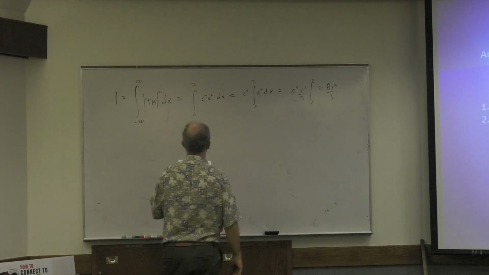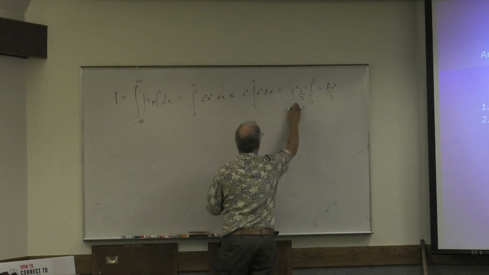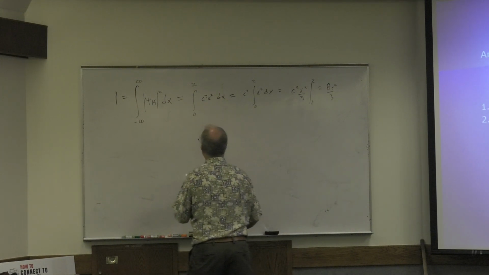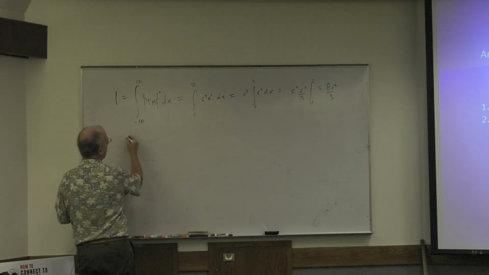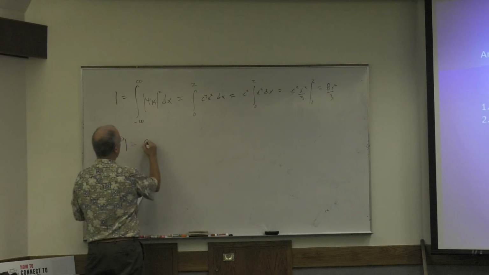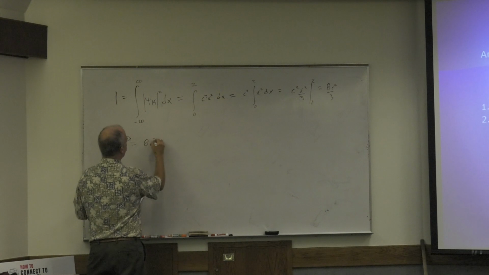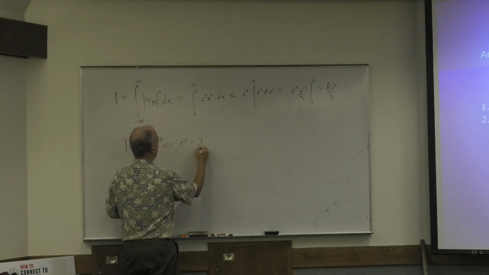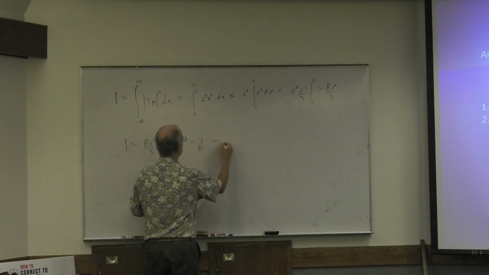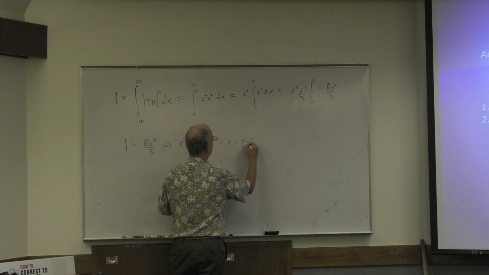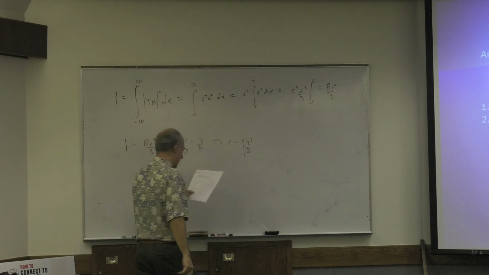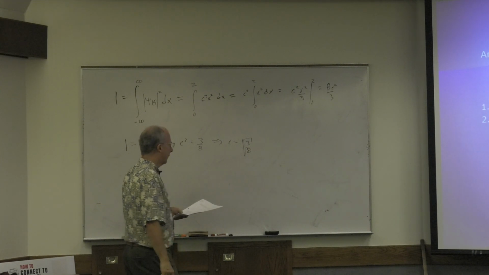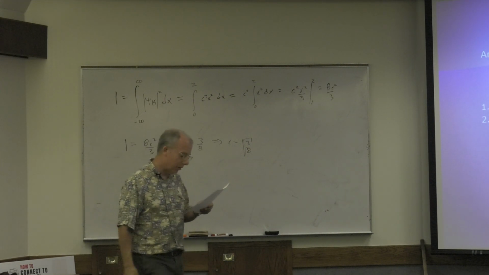And that's equal to 1. So we have 1 equals 8c squared over 3. Therefore, c squared equals 3/8, therefore c equals the square root of 3/8. Now, that's kind of weird, but that's all right.